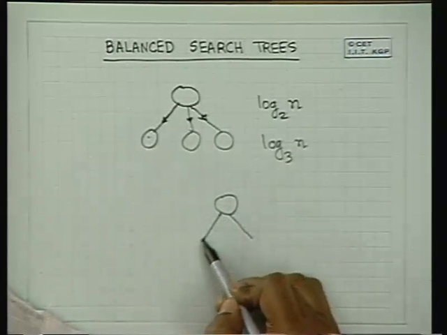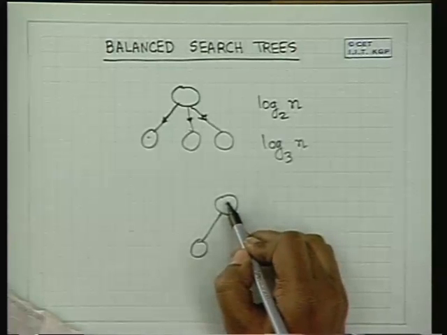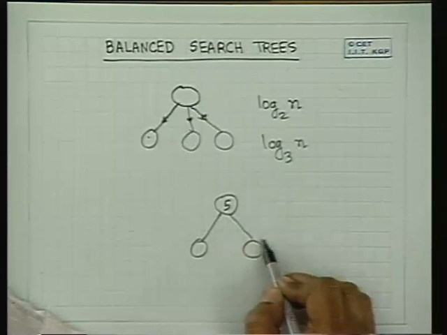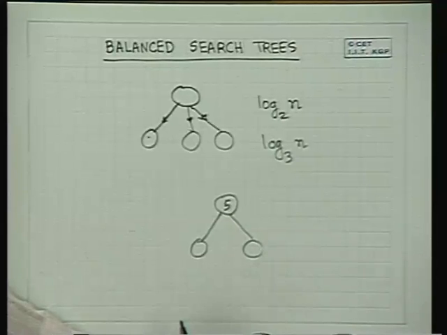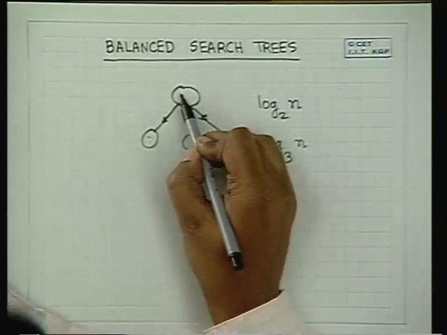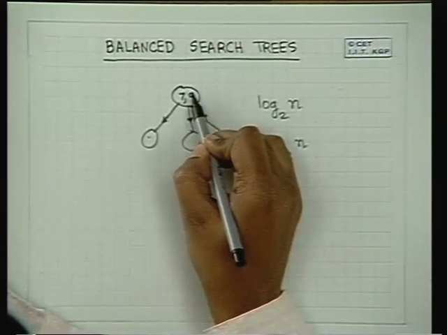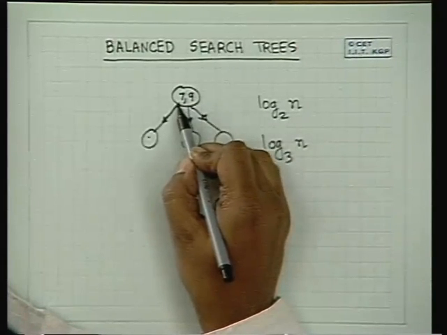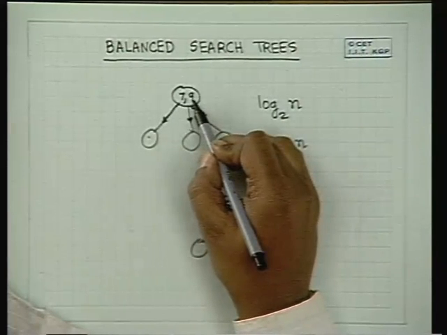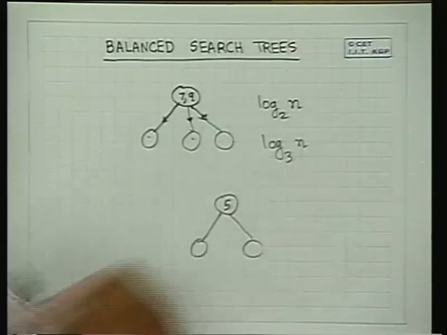In a binary search tree, what did you store? You stored a node, say 5, then all less than 5 was stored here, all greater than 5 was stored here. But if you have 3, then you will have to store 2 values, say 7 and 9. This means that all less than 7 will be this side, greater than 7 and less than 9 will be this side, and greater than 9 will be this side.